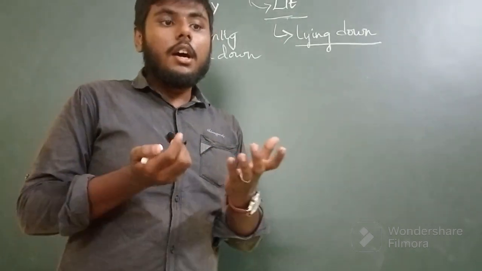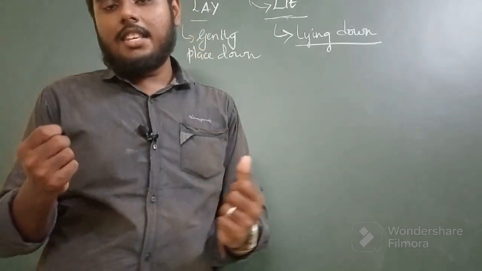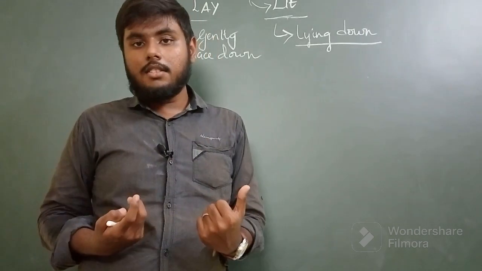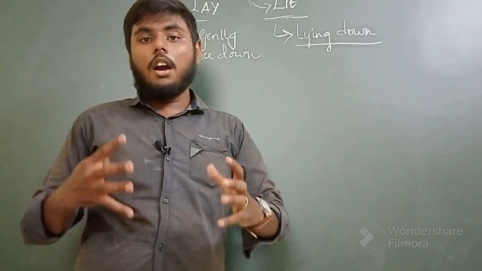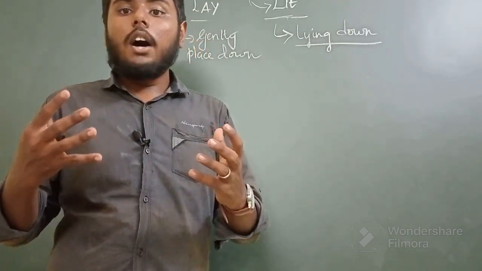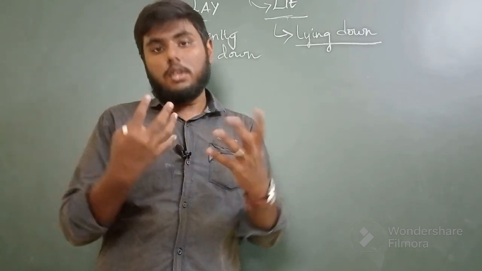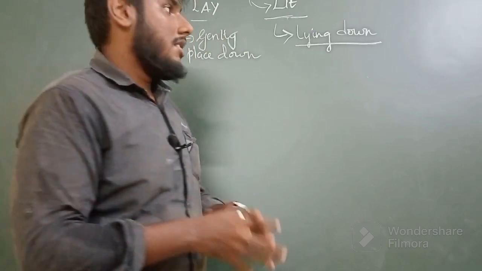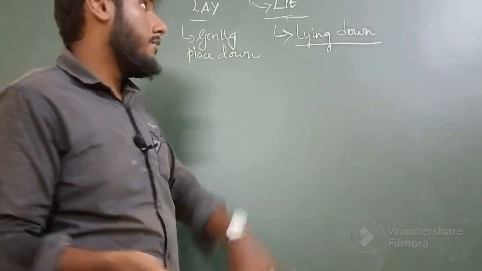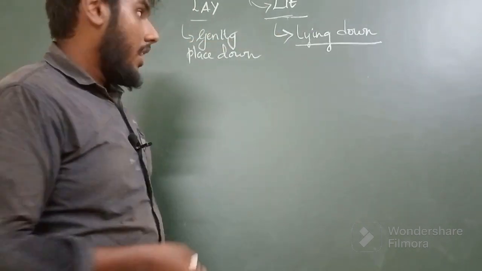You need to read the sentence and understand it, and you need to opt for one of these according to the context, or according to the situation of the question or of the given statement. So that is how you will have to take the answer, okay?